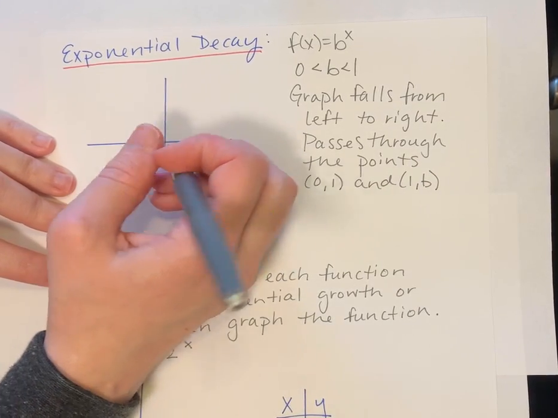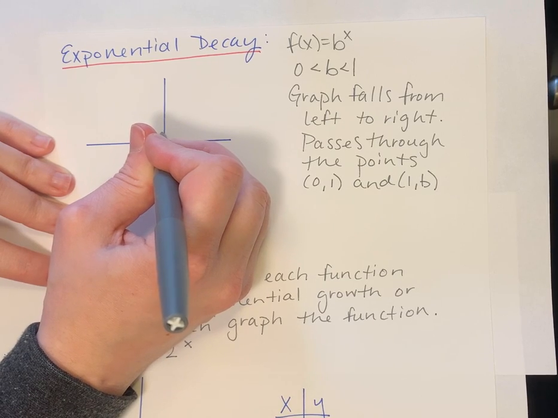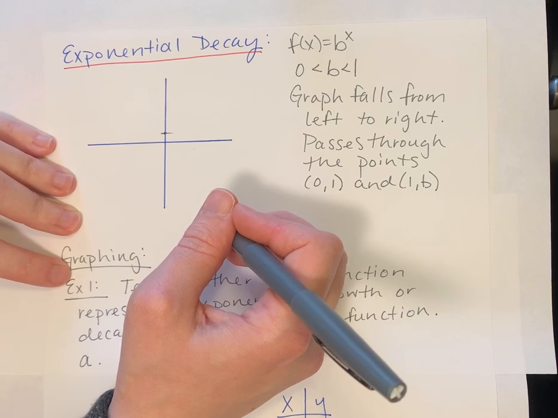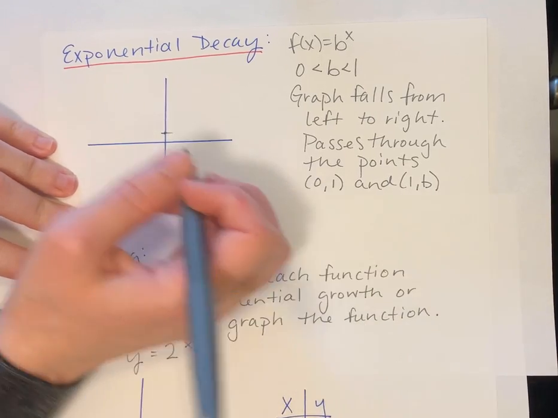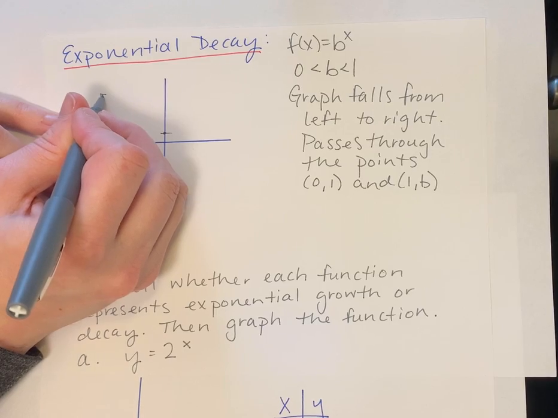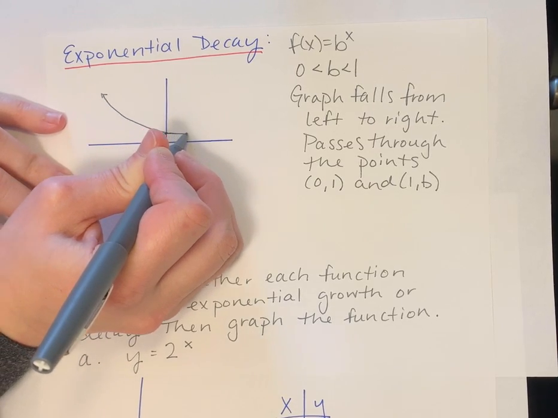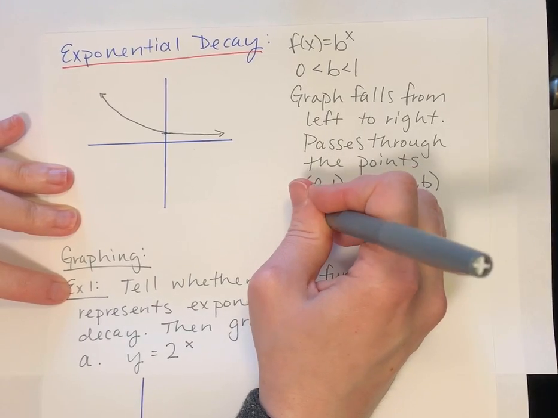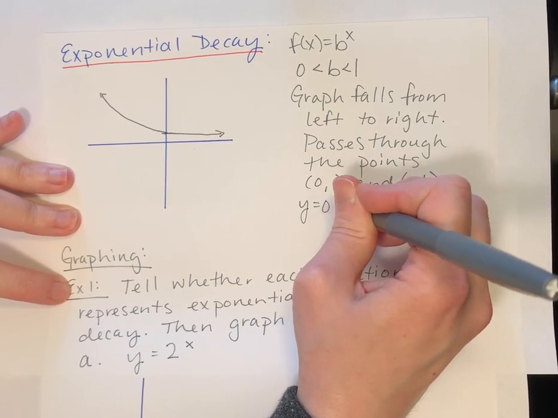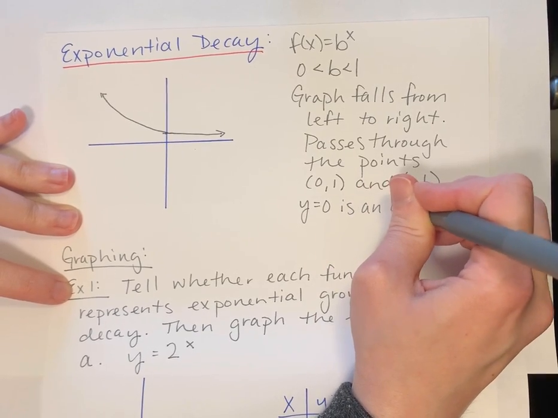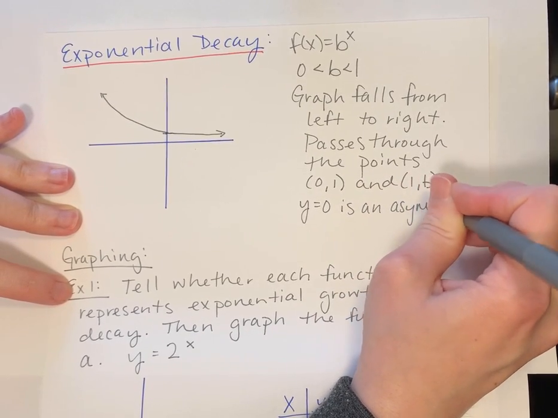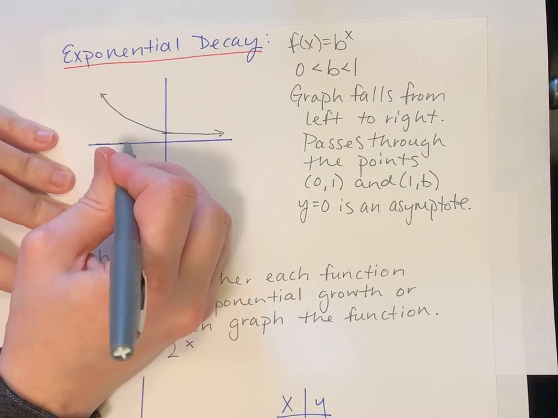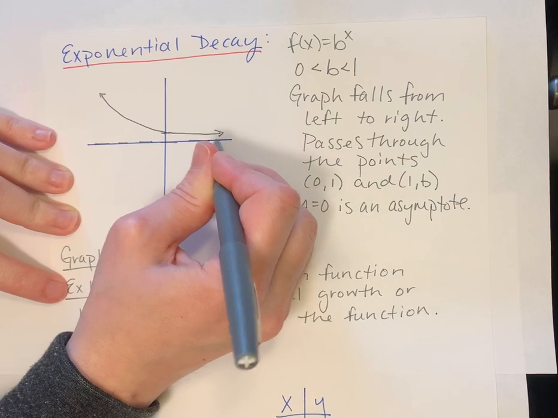So it's going to pass through point 0, 1 and 1 comma b, but its shape is going to be in the other direction. Oh, and this one also has an asymptote at y equals 0. So your graph will never pass that.